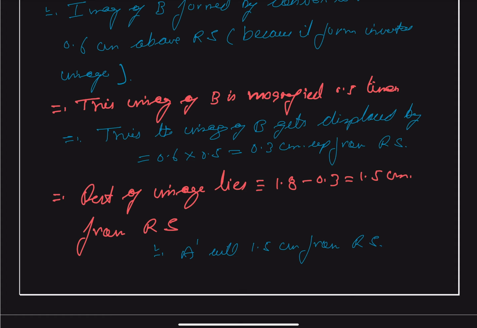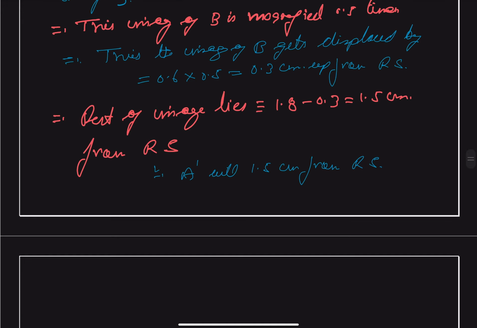And the magnification of the mirror is half, and therefore this will be giving us that point B will be 0.3 centimeter above RS and point A will be 1.5 centimeter below RS. So we can say that the magnification, we already found out, there is no need to write it.